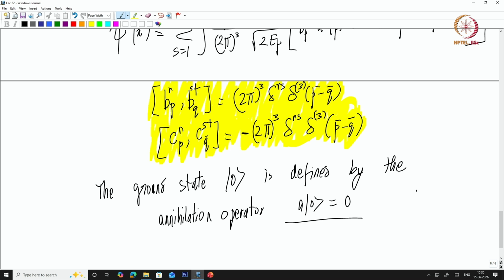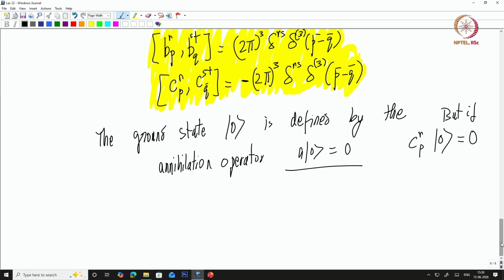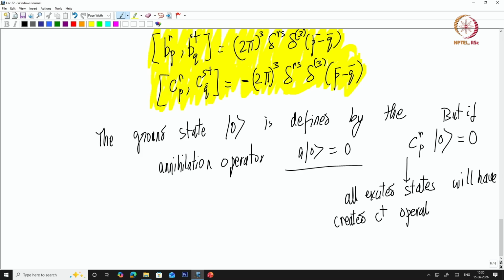Now if you do the same thing with c acting on |0⟩, because of this negative sign in the commutation relations, all excited states created by the c dagger operator will have negative norm, because it is obvious, right, because you have this negative sign. So they have a negative norm.